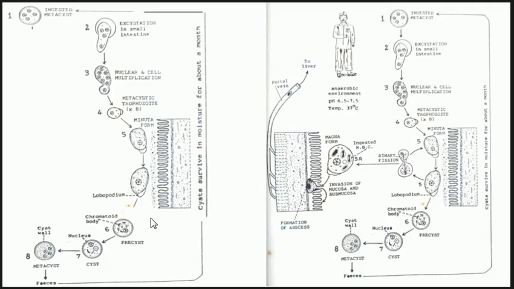Then, after some period when their number increases, they go towards cyst formation. So pre-cyst formation, cyst formation, metacyst formation will be there. Then it passes into the fecal matter, and from fecal matter it may be ingested again because of some contamination.